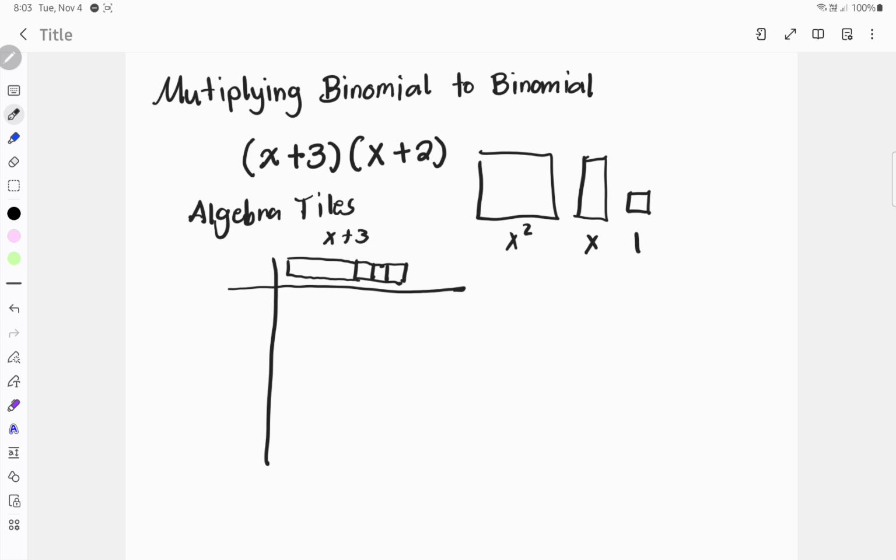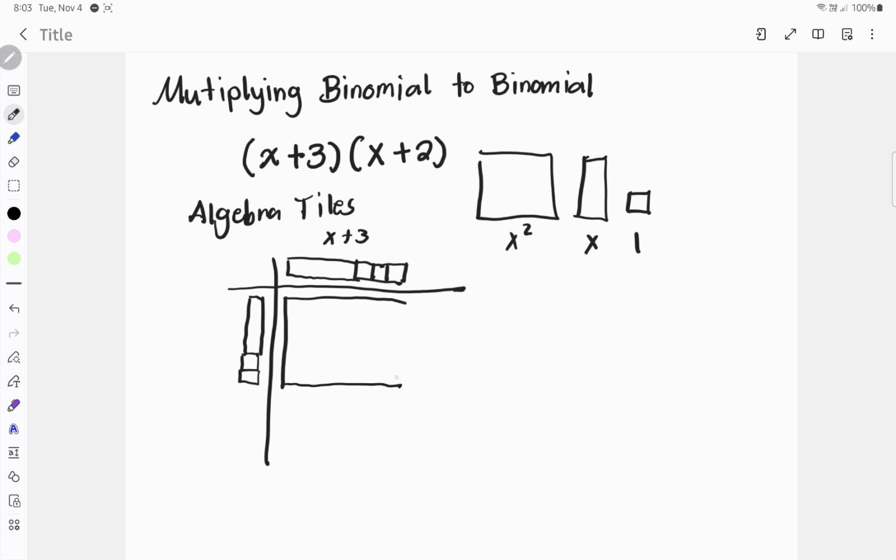Now, working on another dimension, we have x plus 2. So I'm going to create a rectangle and then 2 small squares that are adjacent. It is better if you have a manipulative. However, let's get now those dimensions.